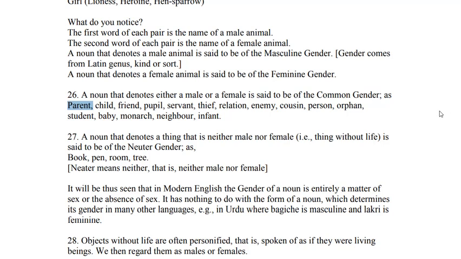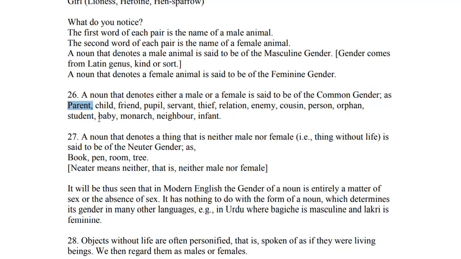A friend can be a male friend or a female friend. Pupil can be a male pupil or a female pupil. Similarly, servant, thief, relation, an enemy can be a male enemy or a female enemy. So all these nouns denote objects which are either male or female.